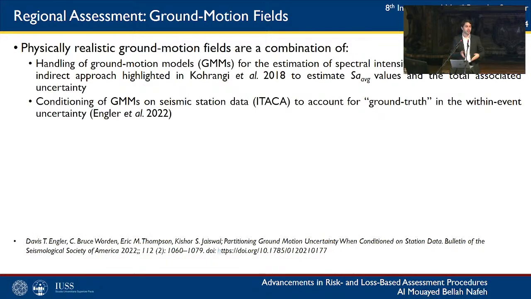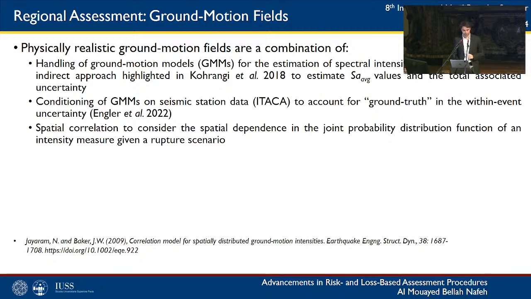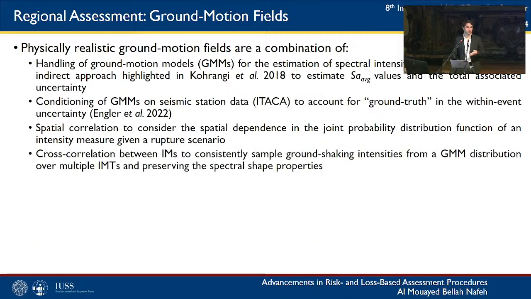Another important component was the conditioning of these ground motion models on station data that was gathered from the Ithaca database to account for the ground truth in the within event uncertainty following the methodology proposed by Engler et al. in 2022 for the USGS shake maps. Spatial correlation was also considered to consider the spatial dependence in the joint probability distribution function of an intensity measure given a rupture scenario.